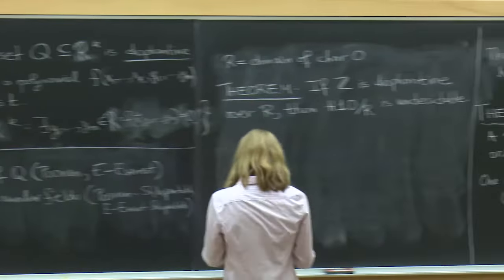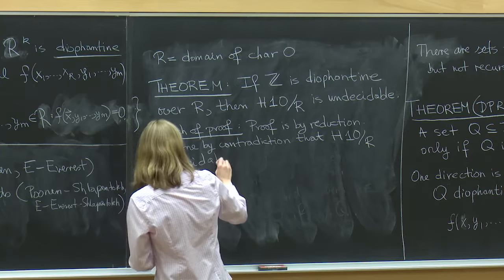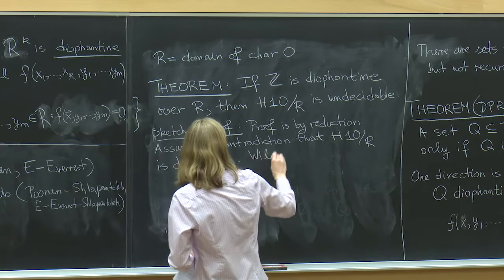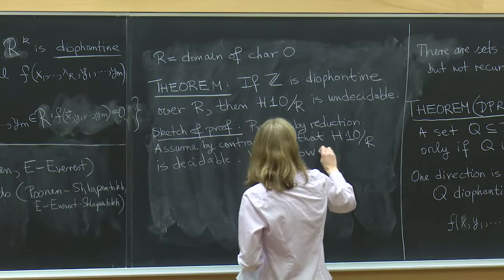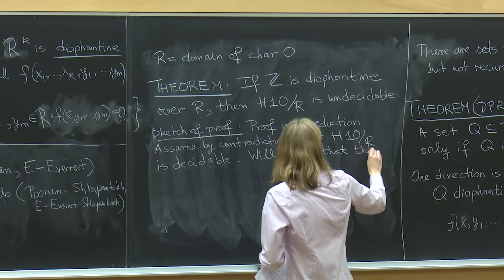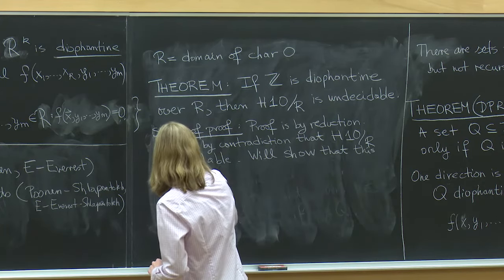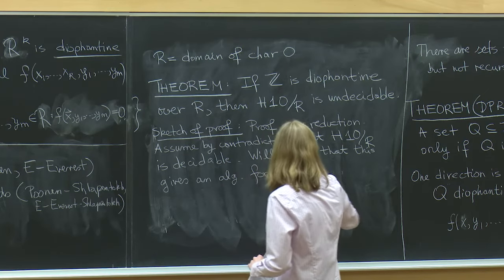We're going to assume by contradiction that H10 over R is decidable, and we will show that this gives an algorithm for Hilbert's 10th problem over Z, which we know does not exist.